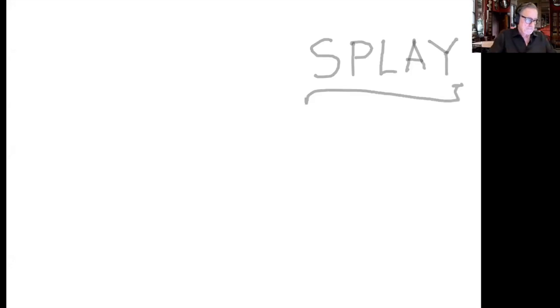There we go. The splay. And a splay is really just an angled face. It's not vertical, it's not horizontal, it's an angle somewhere in between.